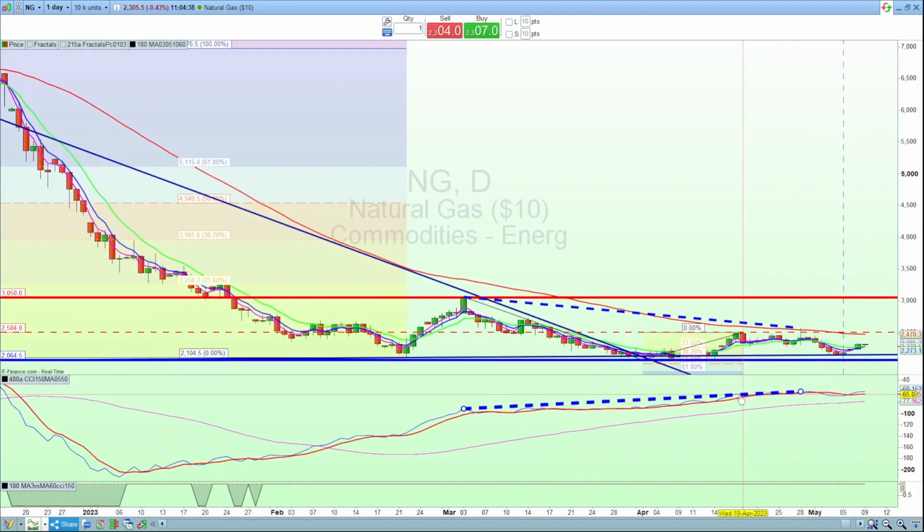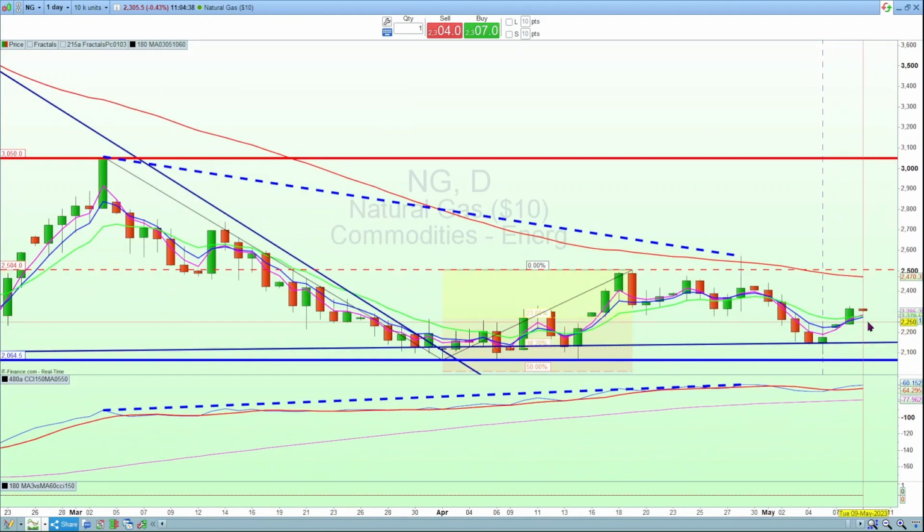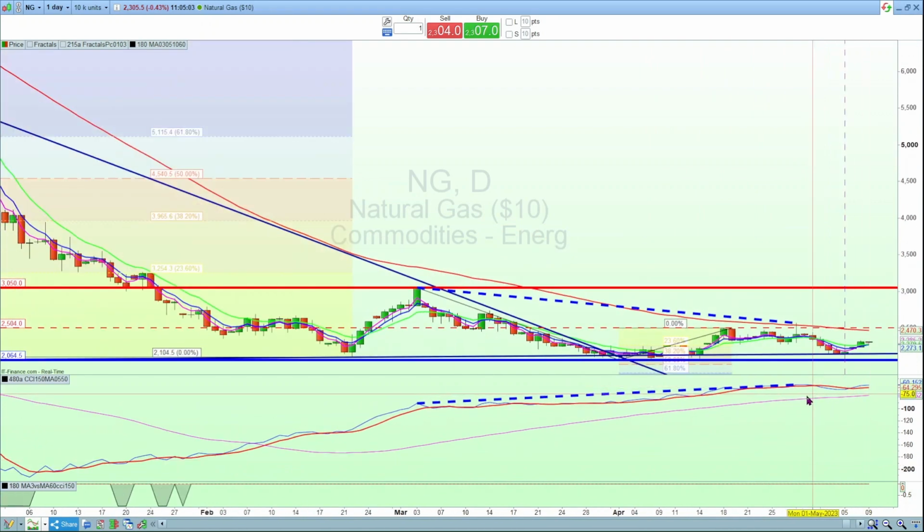For the divergence to fail, we need to see the CCI break to the downside, but that'll most likely show the price also breaking below these support levels. Hence, we're staying in a neutral position, no trades long or short, until we see more convincing upward or declining moves on the daily.